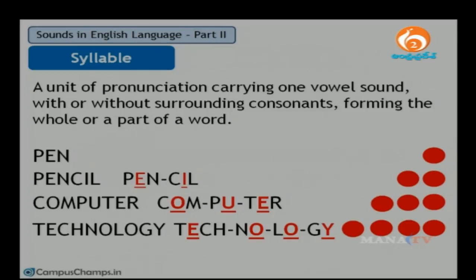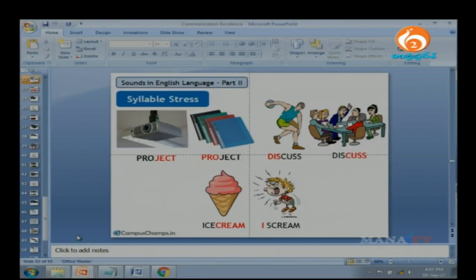But the way I am pronouncing the word technology, I am stressing on one particular syllable. That is exactly what is called a syllable stress, which means if a word has multiple syllables, let me show you certain examples.